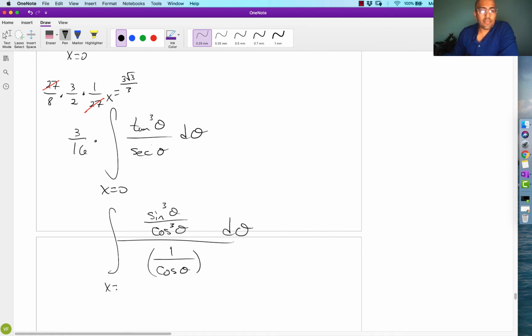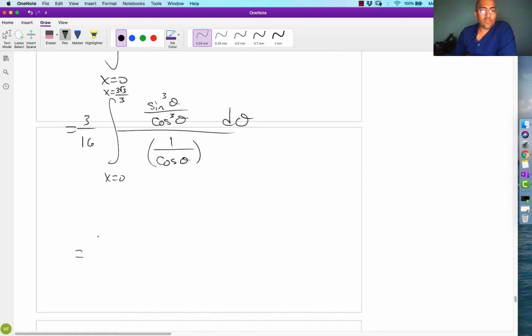Integral as x goes from 0, x goes to 3 root 3 over 3, and there's still this 3 over 16 chasing us out here. And now the numerator times the reciprocal of the denominator is going to end up canceling one of those cosines.